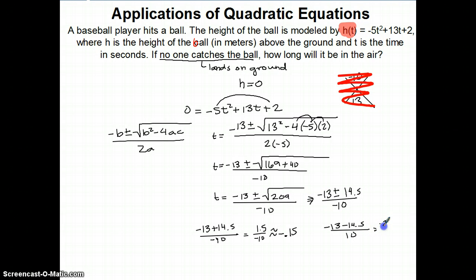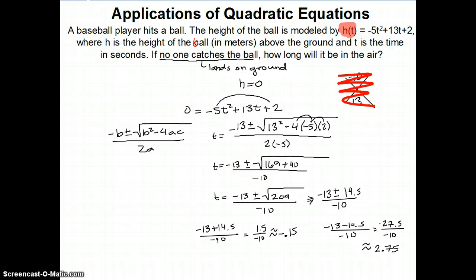So I have negative 27.5 all over, this should be a negative 10. And that becomes approximately positive 2.75. So we have two answers. We have negative 0.15 and positive 2.75.